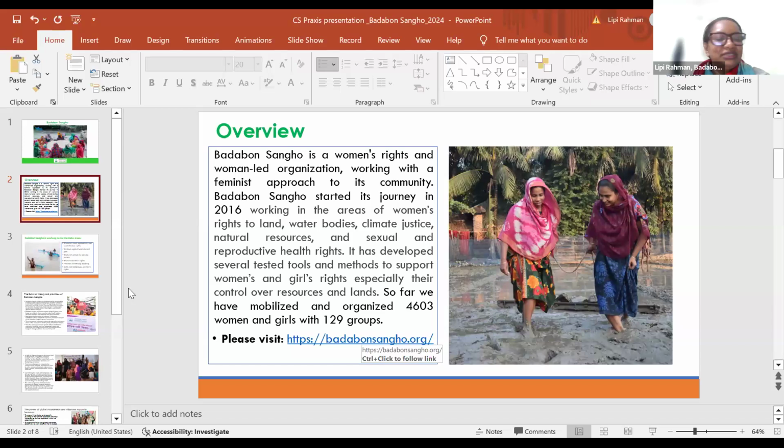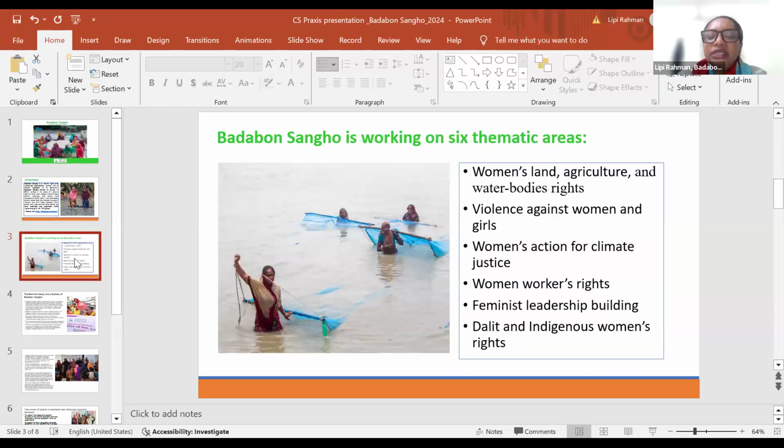We are currently working on 6 thematic areas, to include all sections of vulnerable women from all sections of society: women who are suffering for land rights, women farmers involved in agricultural work, and water bodies rights.